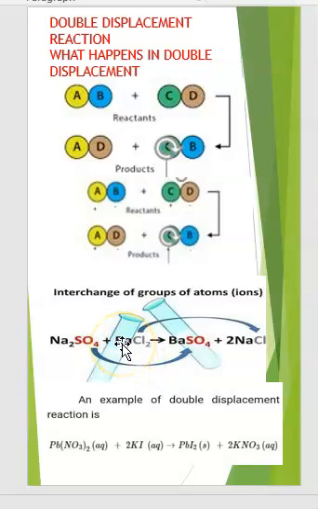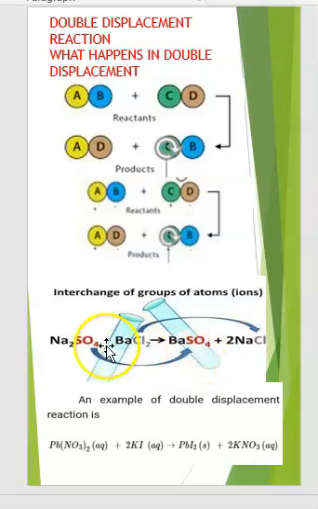Now barium is positively charged, it will react with sulfate ion which is negatively charged, and it will form a precipitate of barium sulfate. Precipitate is something which is heavier and hence settles down in the test tube.